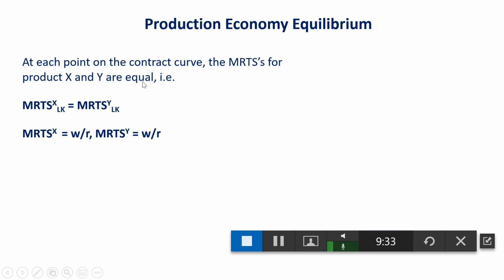Products X and Y need two inputs, labor and capital, and you need to find the optimal mix that can be used to produce X and Y. So the marginal rate of technical substitution for X should be equal to that for Y. The MRTS for X is W by R, wage divided by rent, and similarly the MRTS for Y will also be wage divided by rent.